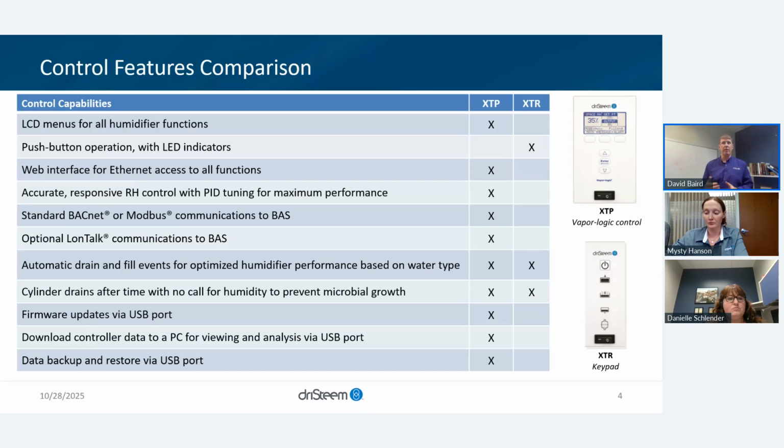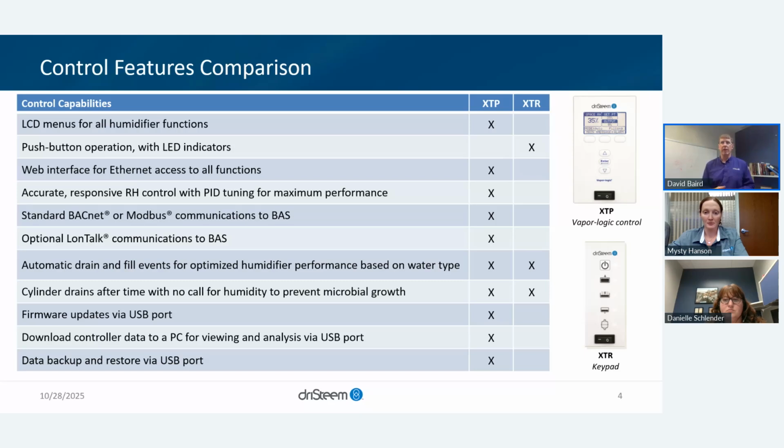Some of the things that stand out right off the bat is that the interface is a little bit different. Vapor Logic has a nice keypad display letting you know more information, versus just some indicator lights. You have interoperability options with Vapor Logic. You do not with the XTR controller. You can't do firmware updates. You can't grab information off of the XTR. It's, again, different functionality, a more sophisticated controller for Vapor Logic.